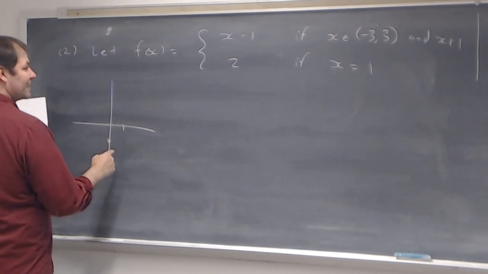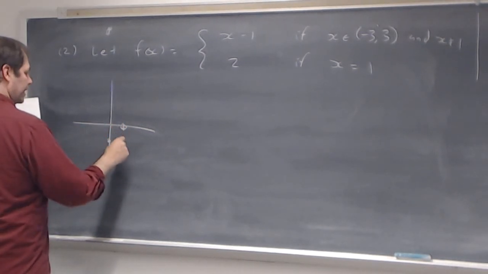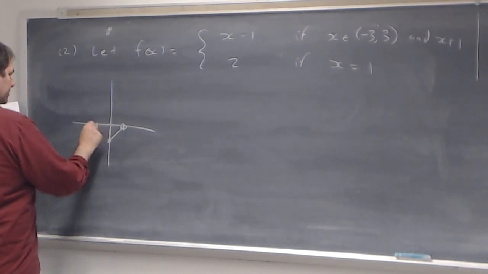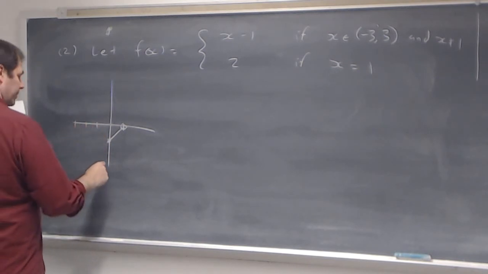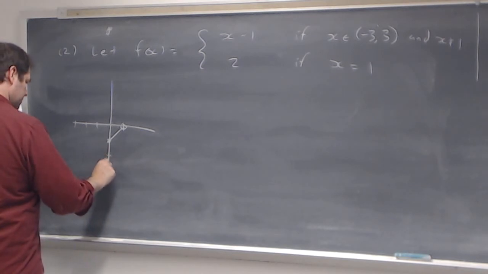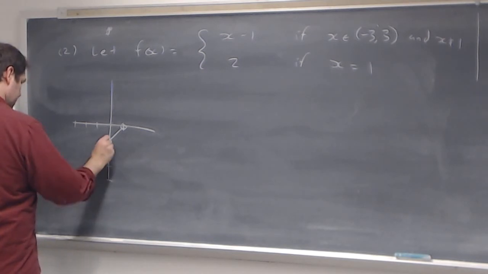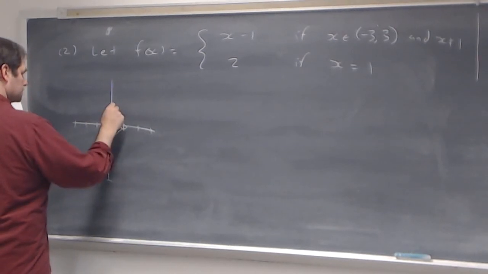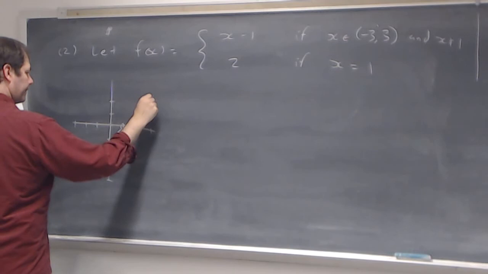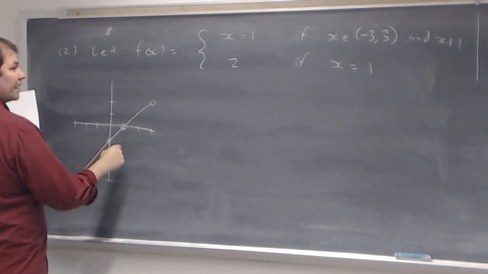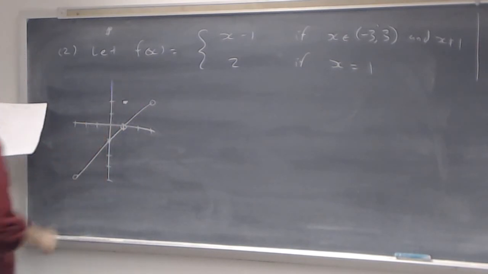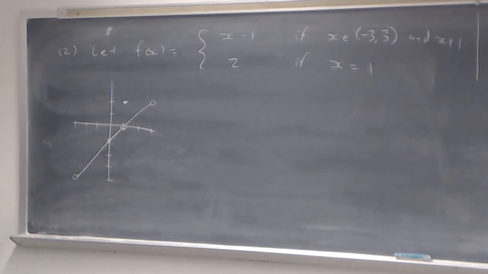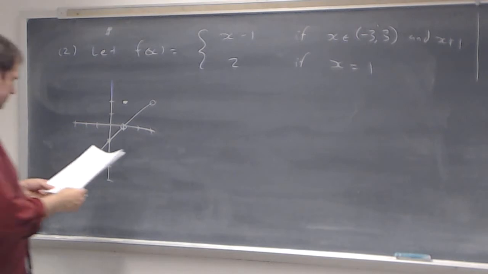At 1 we would get 0, which is missing. At -3 we're at -4. And at 3 we're at 2. And then we're 2 here. That's what it looks like.